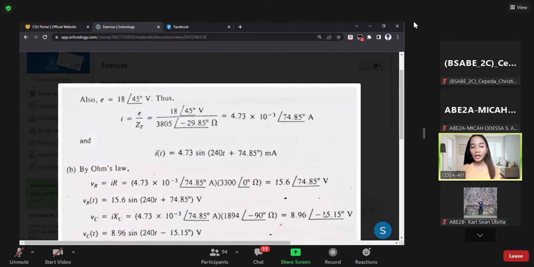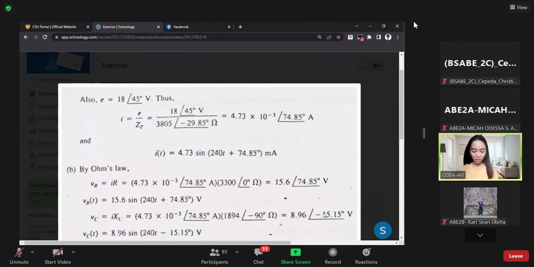But if you rewrite this on your answer sheet, make sure to use the letter j. Kasi pag i ang nilagay nyo sa answer sheet nyo, madedecode ko siya na ita-times ko pa yung value ng current mo. So make use of j in terms of i as reflected in your calculator. That is the phasor, the rectangular part.